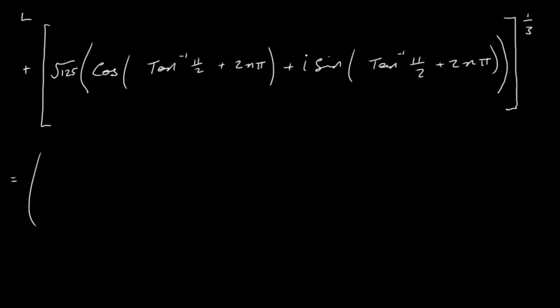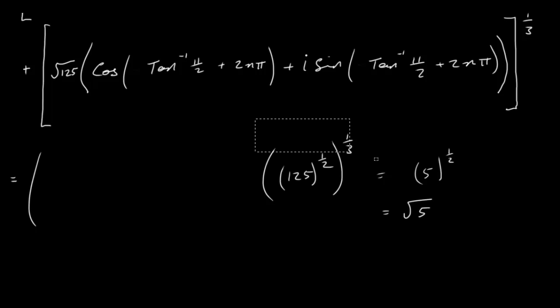In other words, we have 125, which we're square rooting, and we want the cubed root of that. So we multiply these two powers, so we can switch these around. We can get the cubed root of 125 first, which is 5, so we just need the square root of 5.